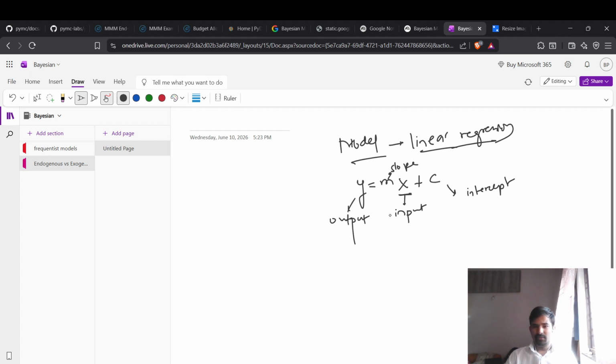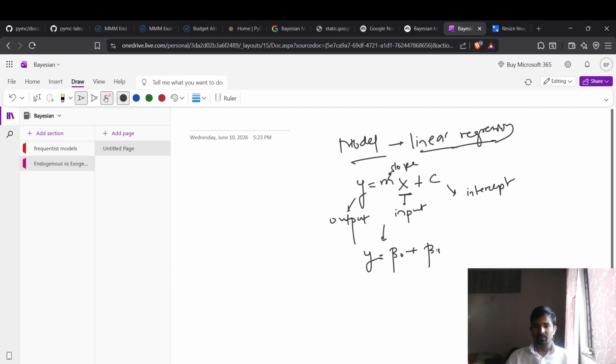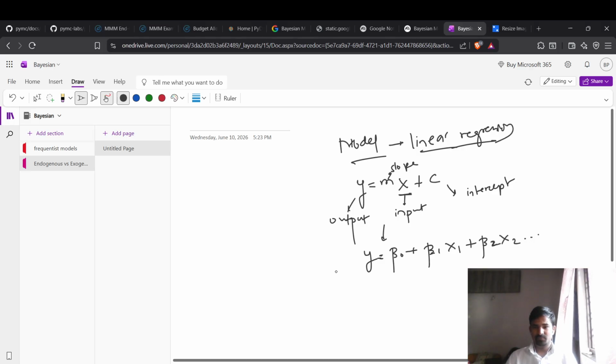So in this equation, you can also write it in a similar fashion like beta naught plus beta 1 x1, and if we have more than one variable, we can continue with beta 2 x2 and so on. So when we consider the model, the parameters are beta naught, beta 1, beta 2.